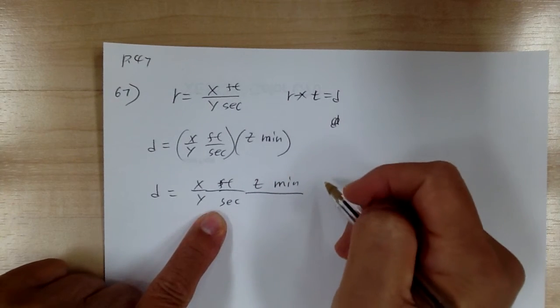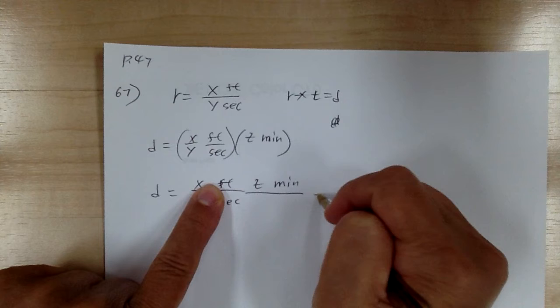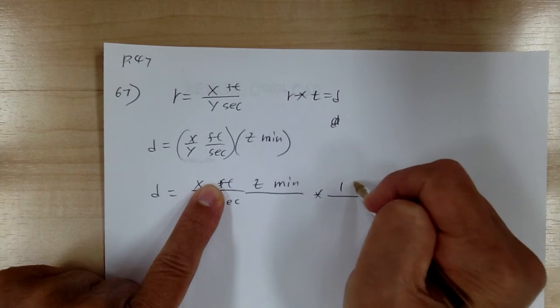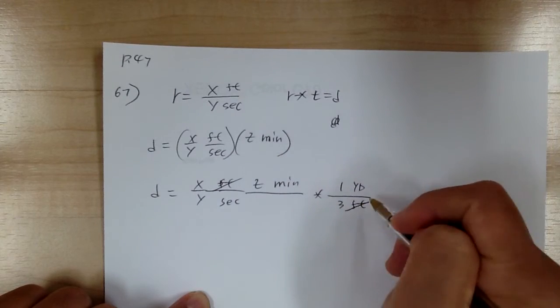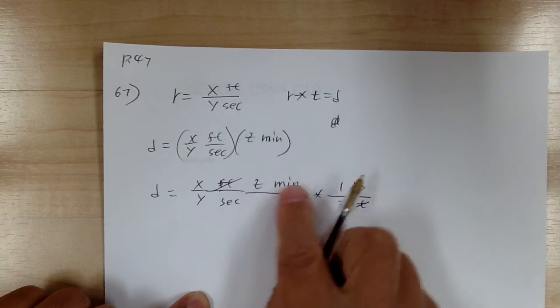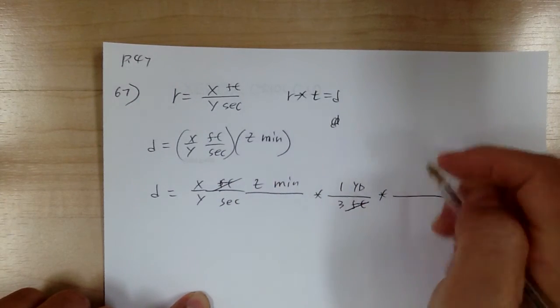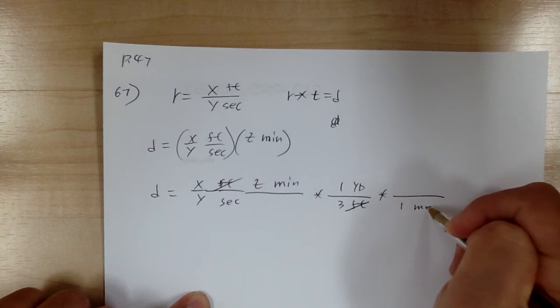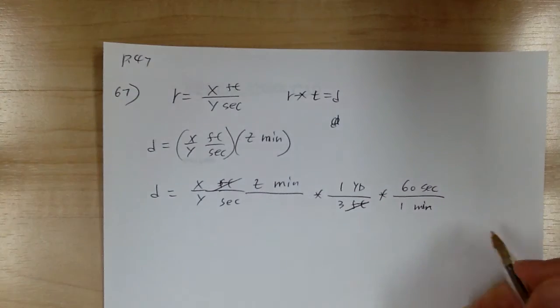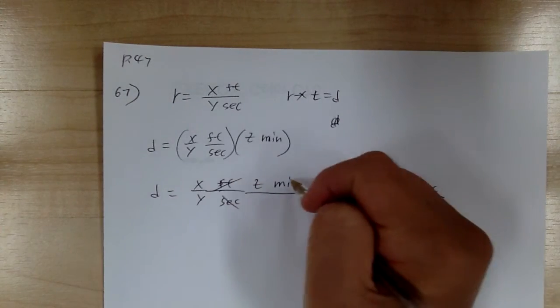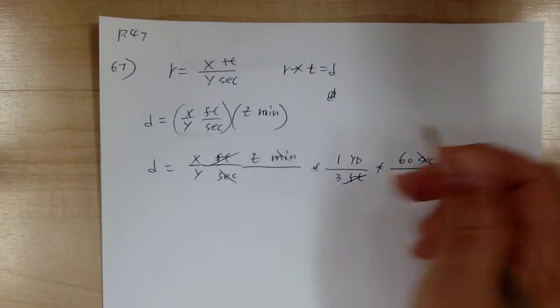So to get the yards, you need to multiply by 1 yard equal to 3 feet. So that this will cancel with this. So now you have to simplify the minutes and seconds. So you have to multiply by 1 minute over 60 seconds. So the second will cancel with second, minute will cancel with minute.